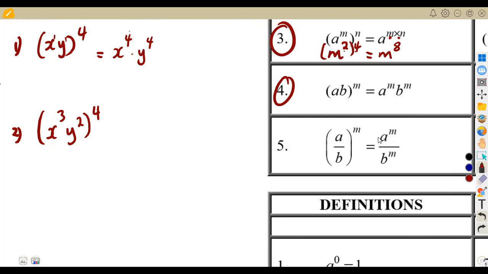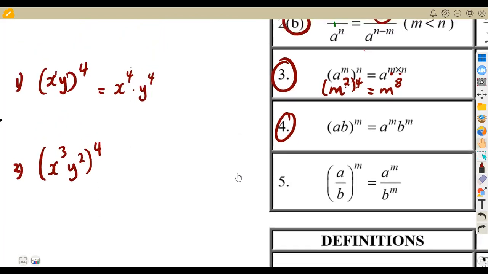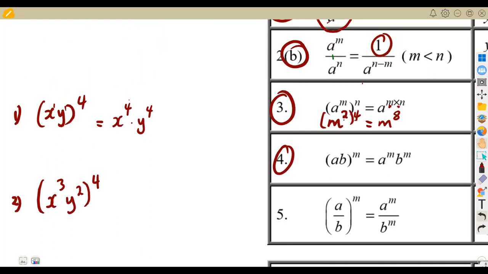But the actual effect was that we were multiplying. In actual sense, this was supposed to be given as x to the exponent of 1 to the exponent of 4 times y to the exponent of 1 to the exponent of 4. This was supposed to be the proper definition. Then we are back here to say, if we are having an exponent and an exponent, you multiply them together.